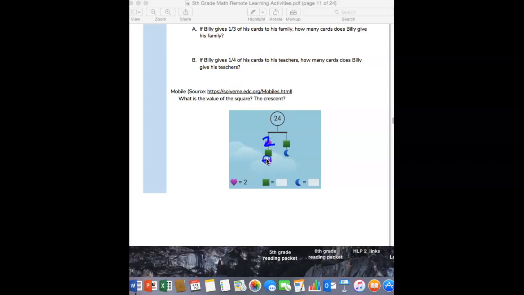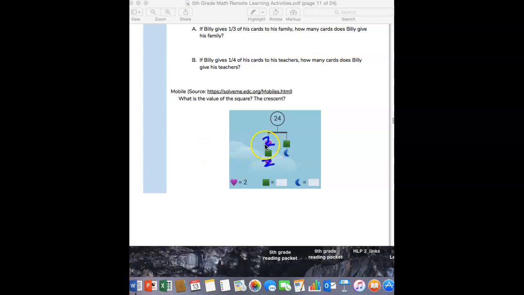This is 2. So now we have to get this equal to 24. 2 times 2 is 4. So 4 times what is 24?